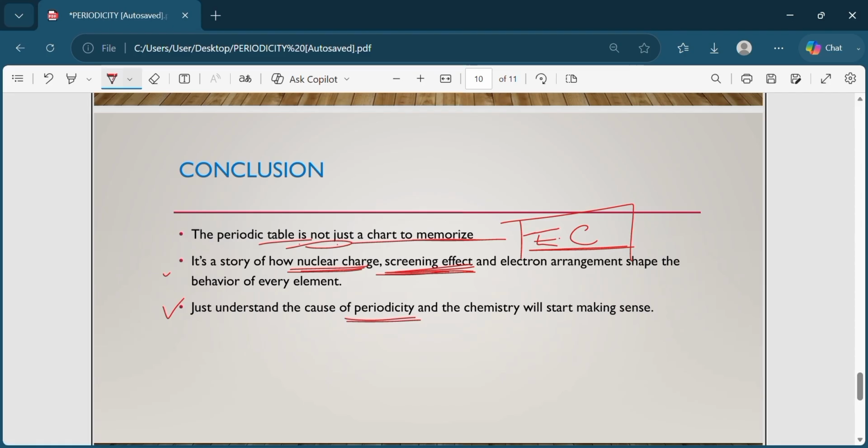Having understood, as we have explained above, how all of this causes periodicity, the chemistry will always start making sense to you. Inorganic chemistry will always keep making sense to you.